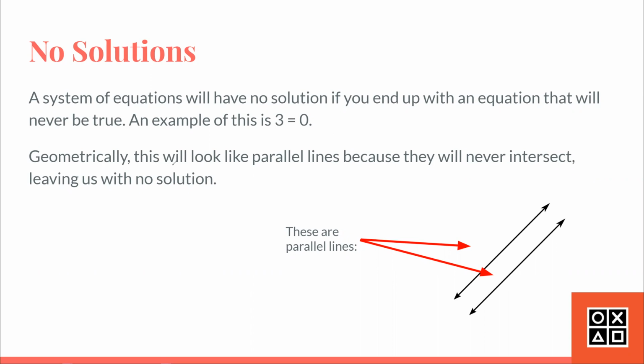Geometrically, this will look like parallel lines because they will never intersect, leaving us with no solution. Remember, with two equations, they need to intersect to have a solution. But the definition of parallel lines suggests that they never intersect.